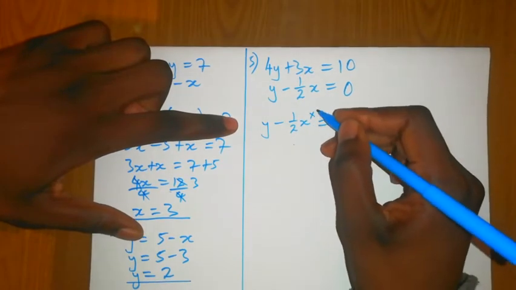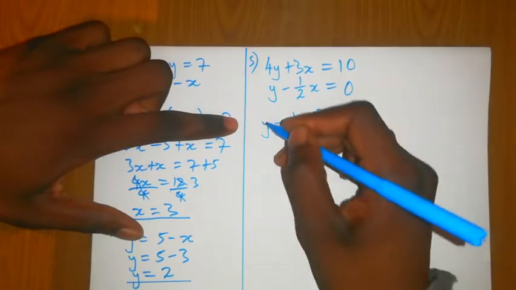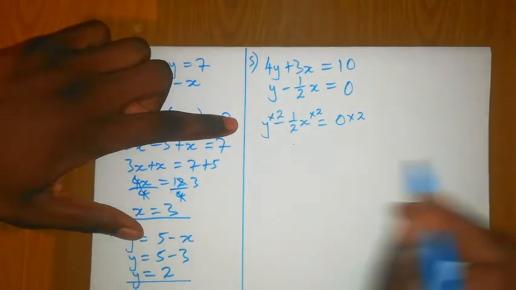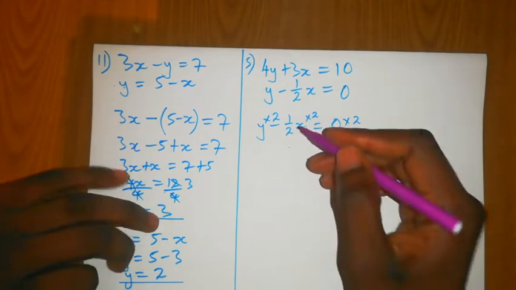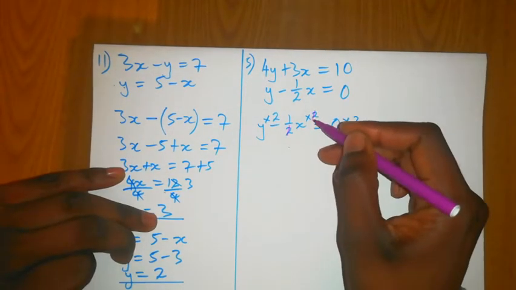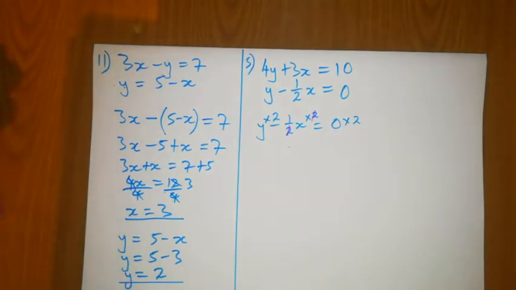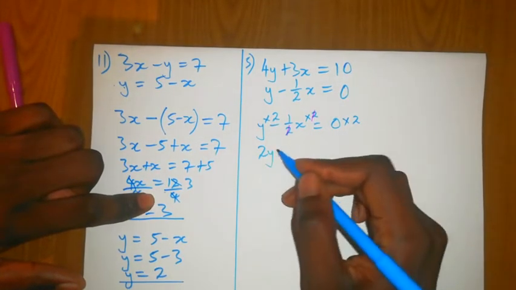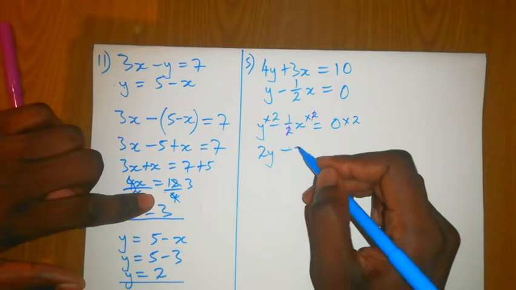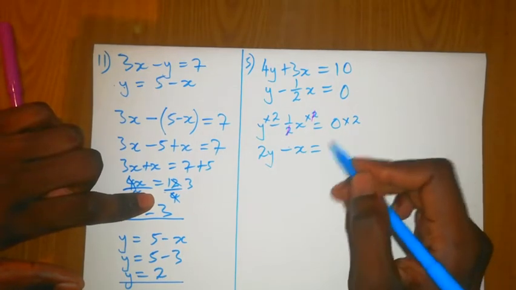So it's times 2, times 2, times 2. So these 2's are going to cancel out like this. Now I'm left with 2 times y, that's now 2y, minus x is equal to 0 times 2, that's 0.